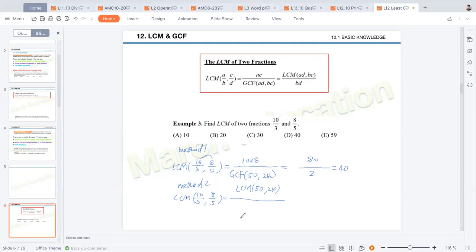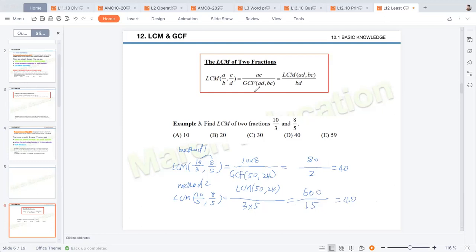So the denominator of them is 3 times 5. Let me use my calculator to find it. So this is 600, and divided by 15, we also get 40.